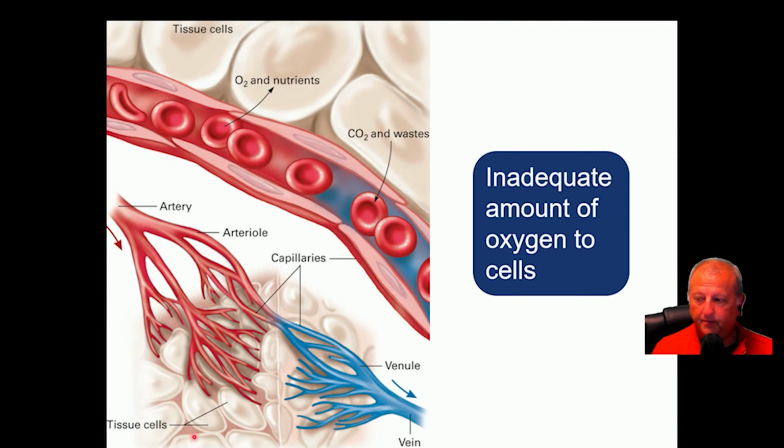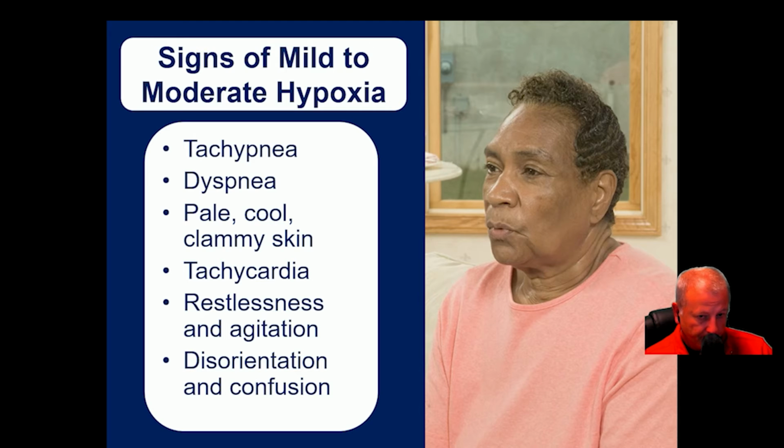Okay, so that's it. Inadequate oxygen to the cells: hypoxia. So let's talk about signs of mild to moderate hypoxia. I need you to really focus on this, because we're talking about mild to moderate hypoxia.